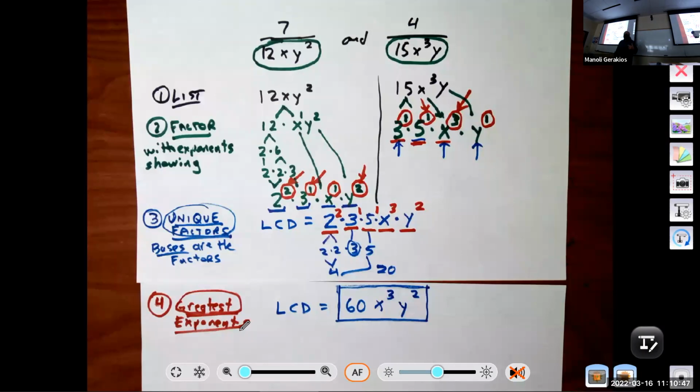Another use of the LCD is what we're going to find in section 6.4, look ahead, which is if I have rational expressions inside of an equation. Think about this. When I have fractions in an equation, what's one of our strategies before we start solving?